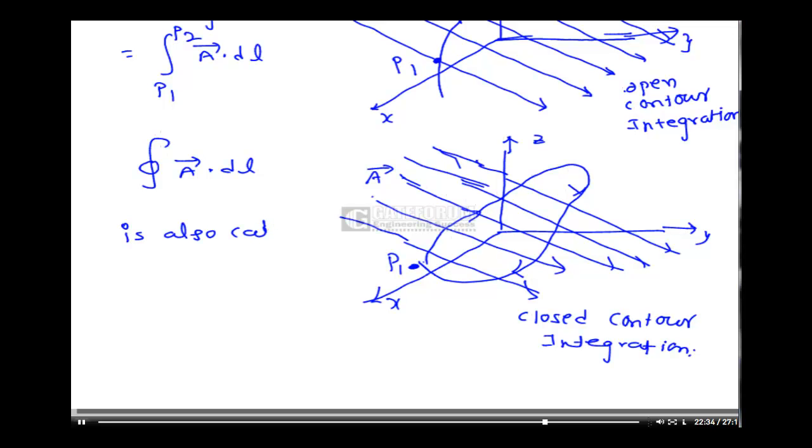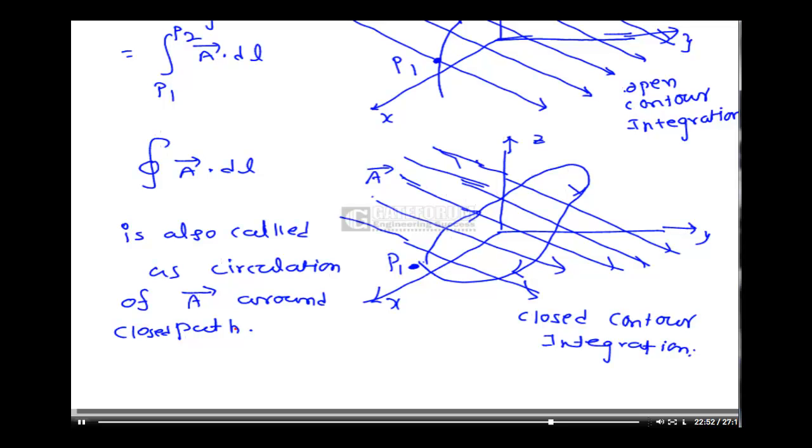Suppose the circulation of a vector along a closed line, that is the integral over closed contour C of A bar dot dl, is equal to 0.